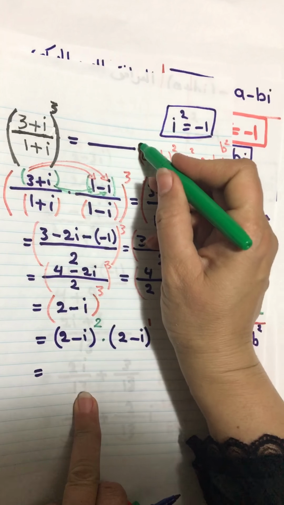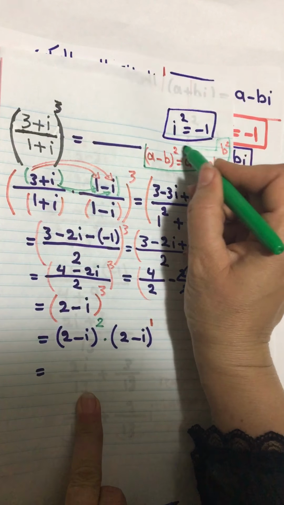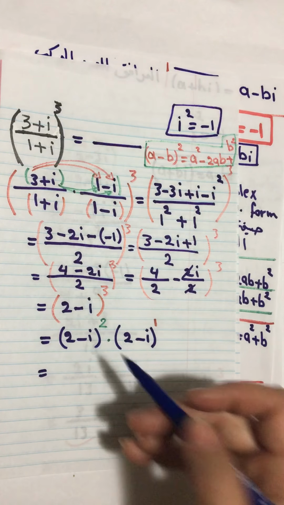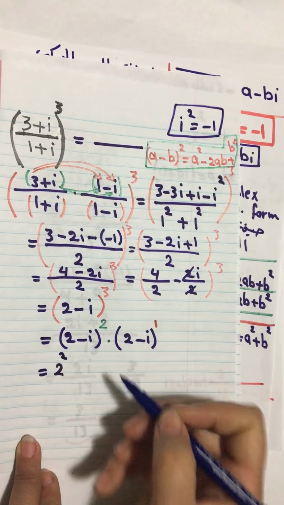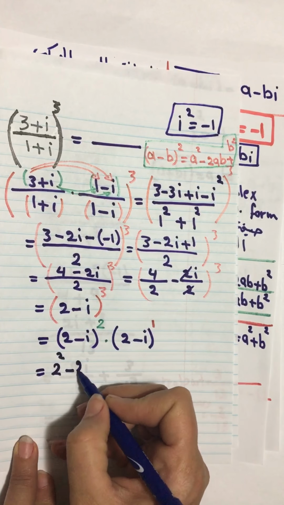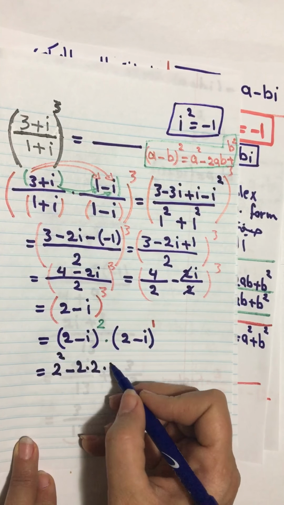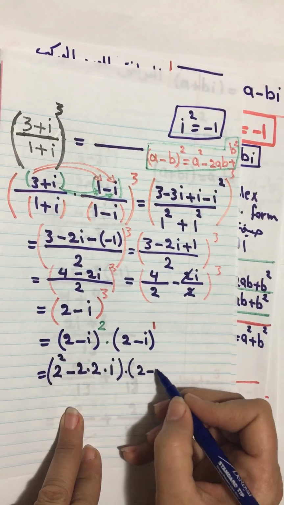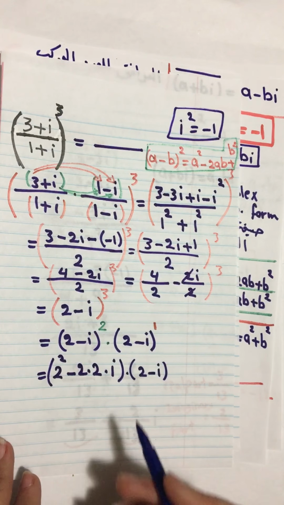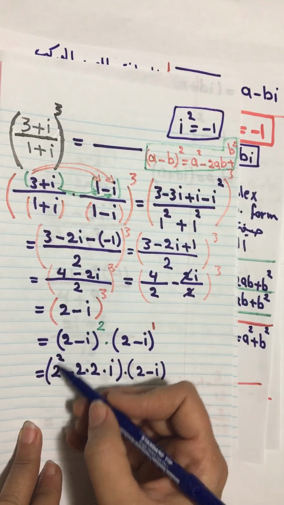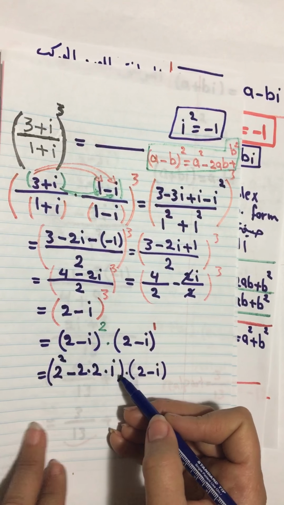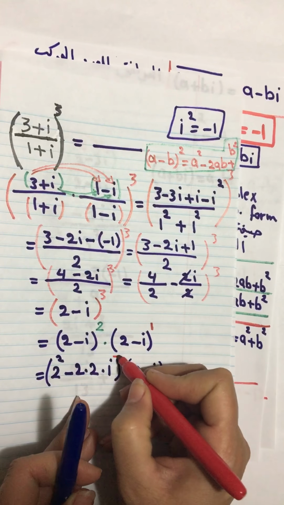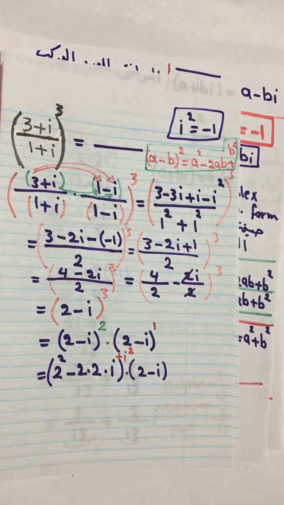So I'm going to use this formula. 2 minus i, parentheses square, so it's going to be 2 square minus, same sign, 2 times first term times second term, which is i, but right here we should have plus i square, the third term.